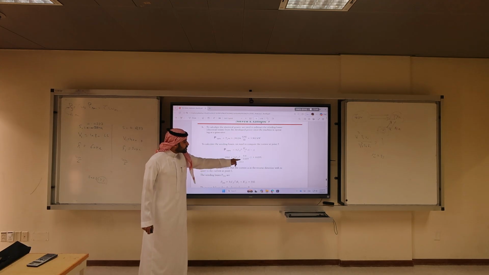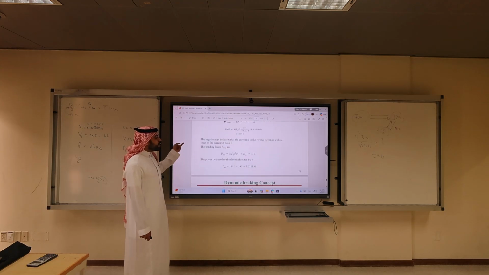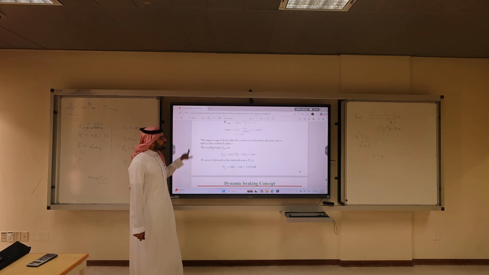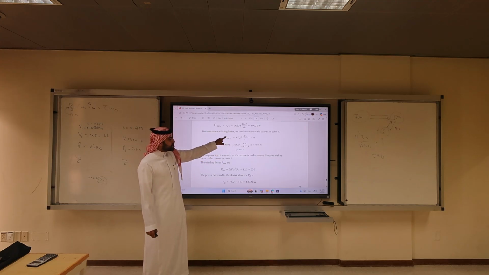Remember here we have a negative sign indicating that the current is giving power, reversing its direction. But because this is I squared, you can pick positive or negative. If you pick the negative, the power here is negative, so it means I is in the negative direction.